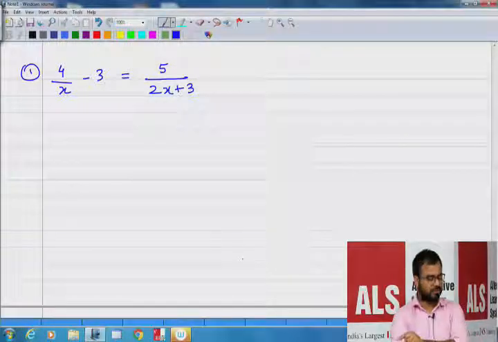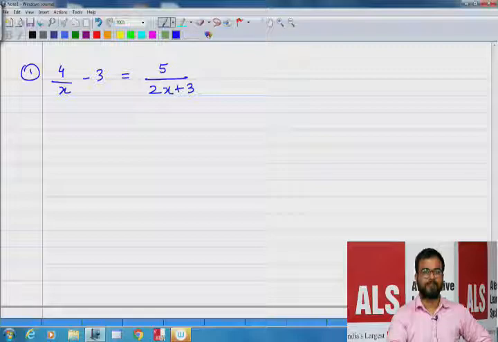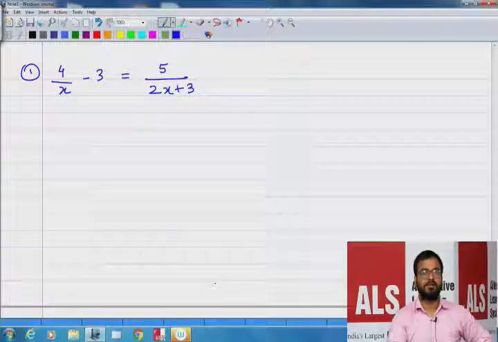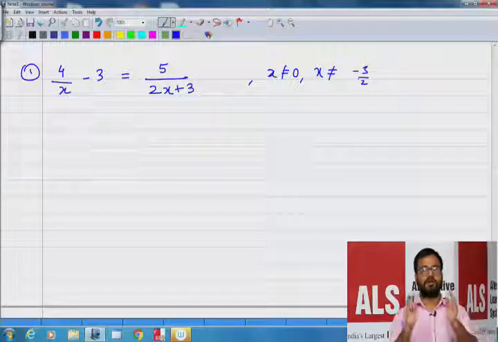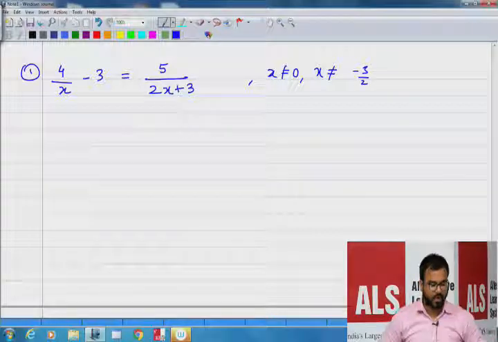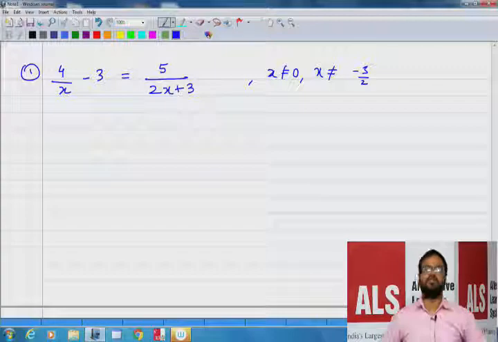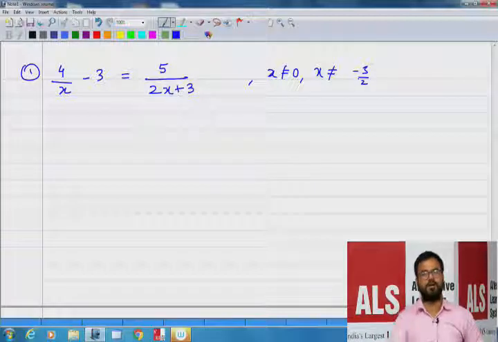Okay, now do this question. Here the condition is that x should not be equal to 0 and x should not be equal to minus 3 by 2. So first of all, try to convert this into standard form of quadratic equation, and then using the middle term splitting or quadratic formula, find the value for x.